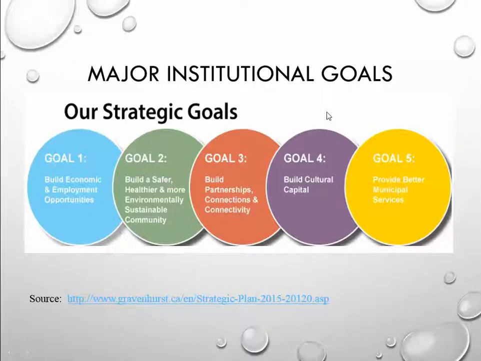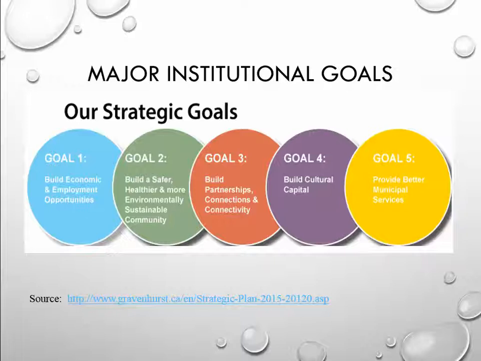And this is just an example: build economic and employment opportunities, build a safer, healthier, and more environmentally sustainable community, build partnerships, connections, and connectivity, build cultural capital, provide better municipal service. So if you look at this, this is probably a city, a county, or something.